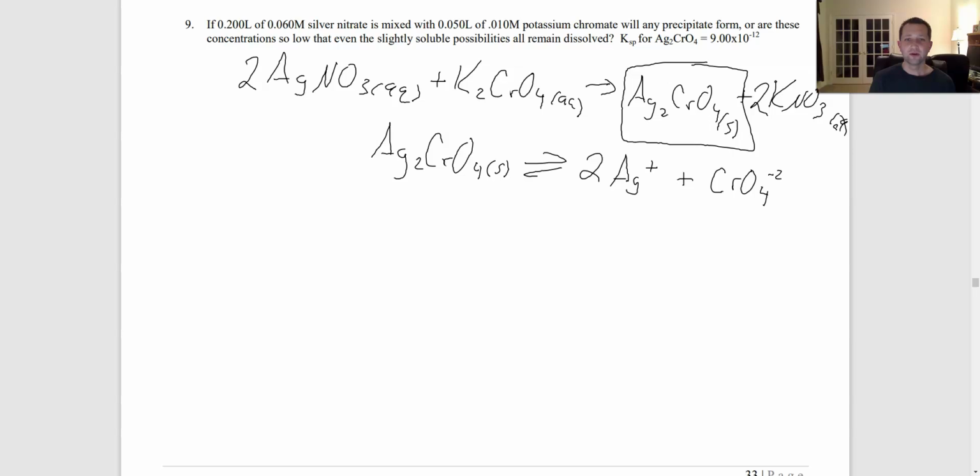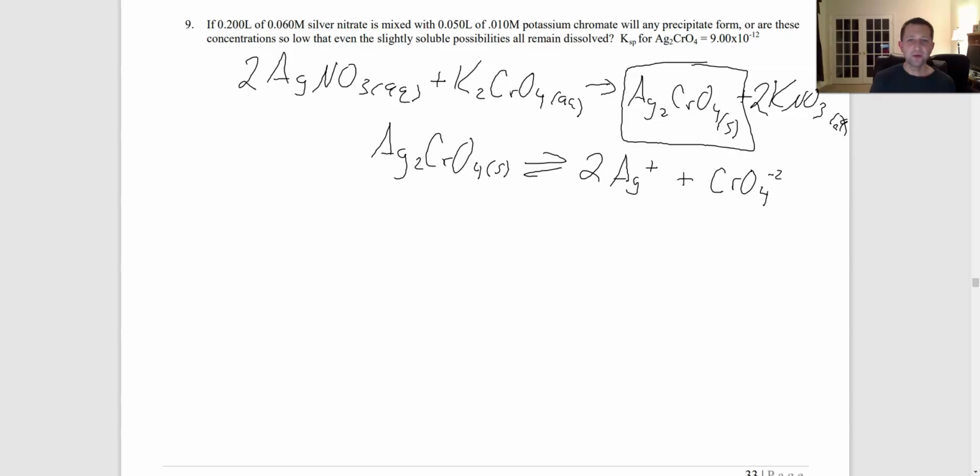Okay, so here's our solid precipitate that we want to make in our overall equation, and it dissociates into these ions in solution. All right, so will this equilibrium system lie to the left with your precipitate, or will it lie to the right?